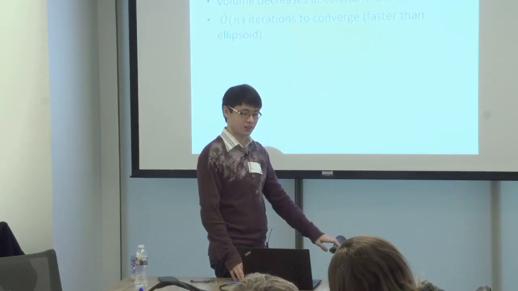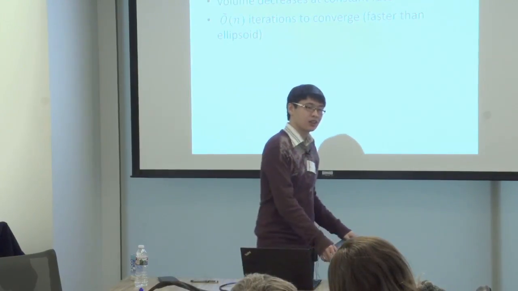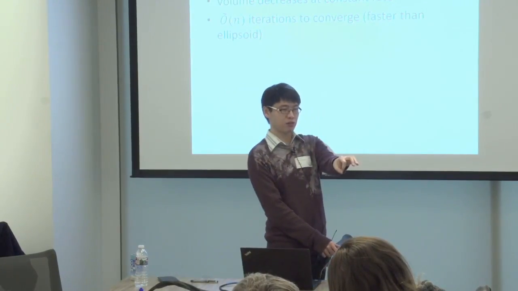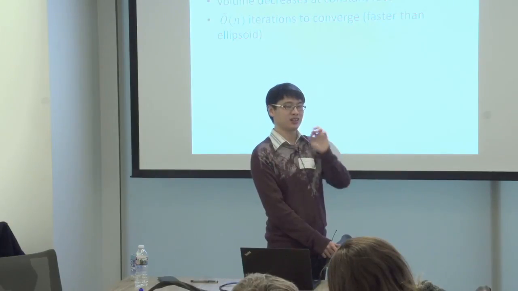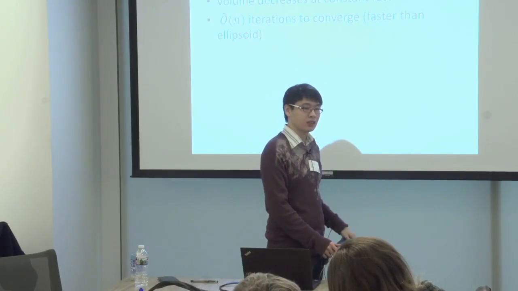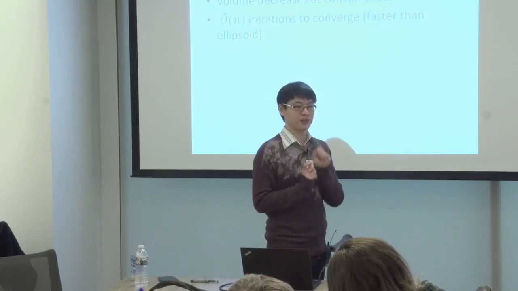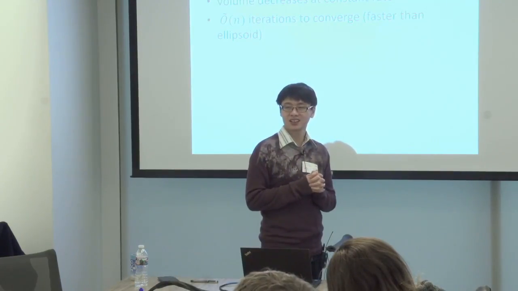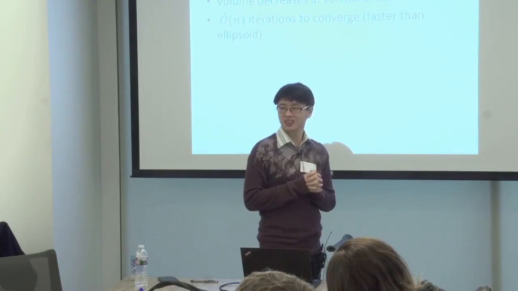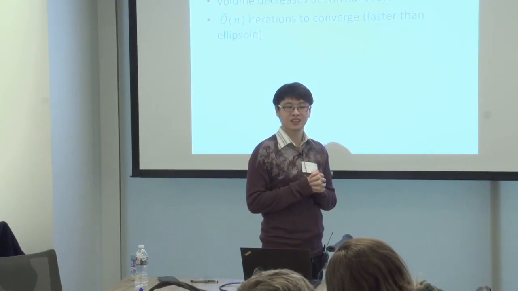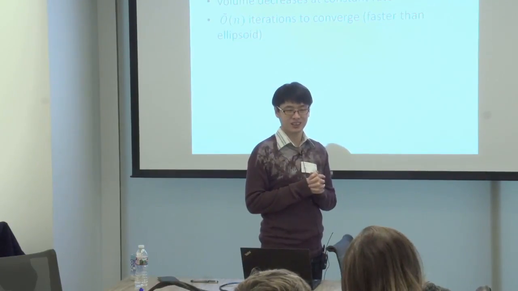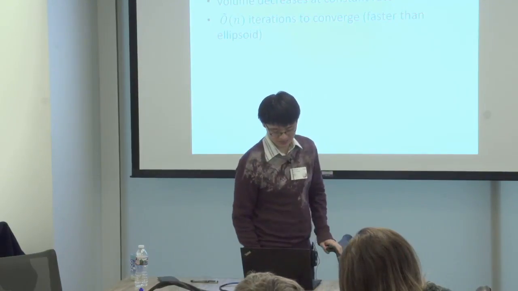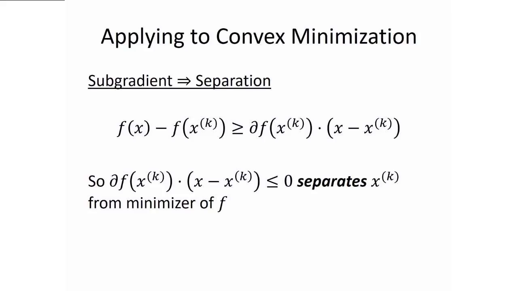It means that your feasible region gets small enough. Exponentially small. If you have a ball of radius epsilon, you start with a volume decreasing by 1 minus 1 over e to the n. Oh, I see. Okay, because volume decreases by a constant factor. Yeah. Okay.